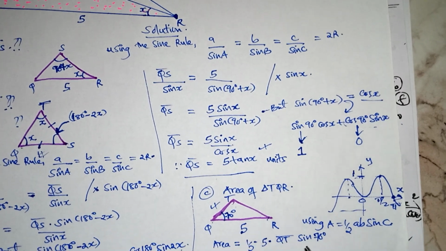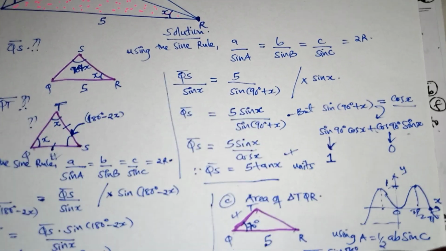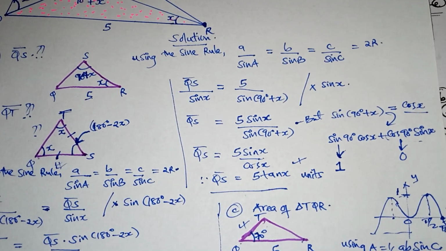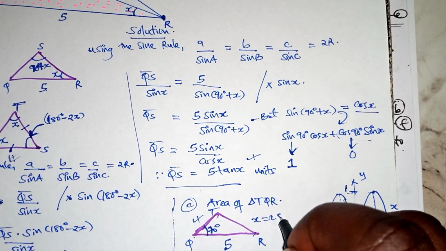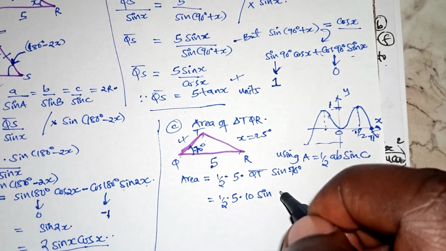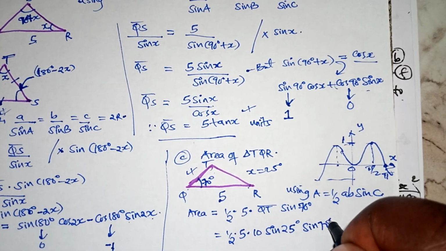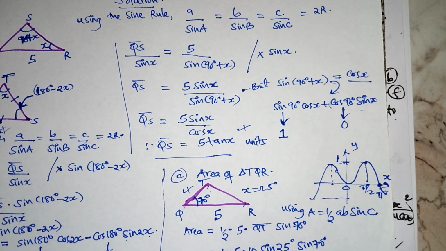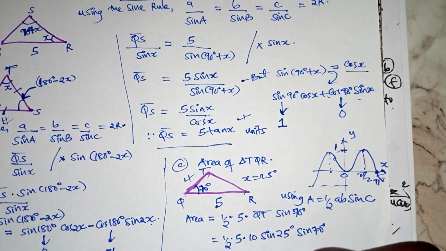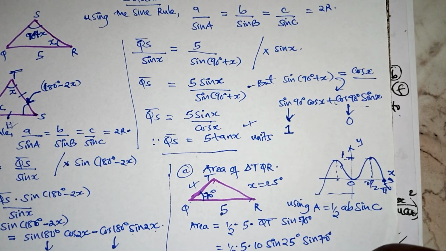But we have our QT already. It is 10 sine x. But what is x? They said it is 25 degrees. So 10 sine 25 degrees, sine 70 degrees. Try to simplify.